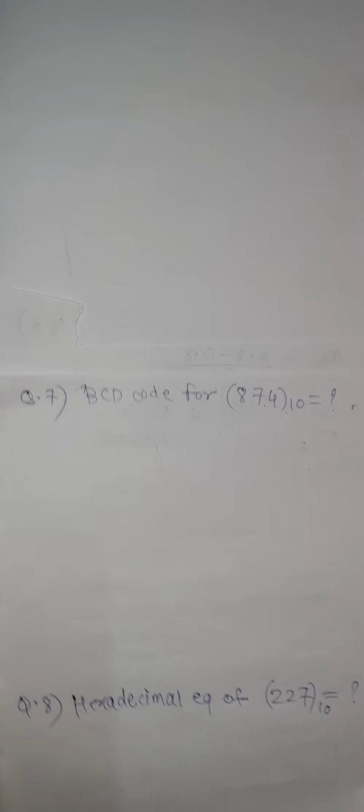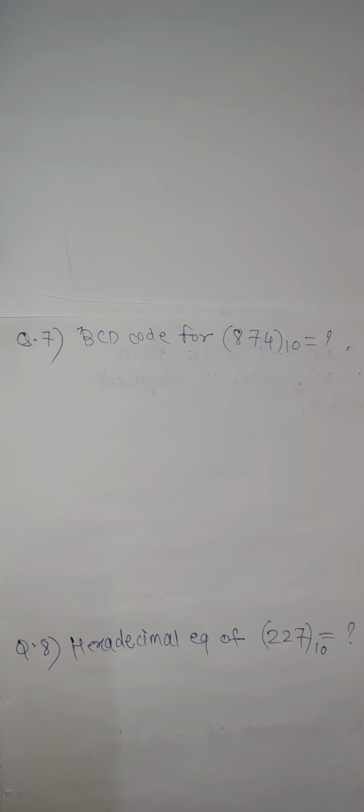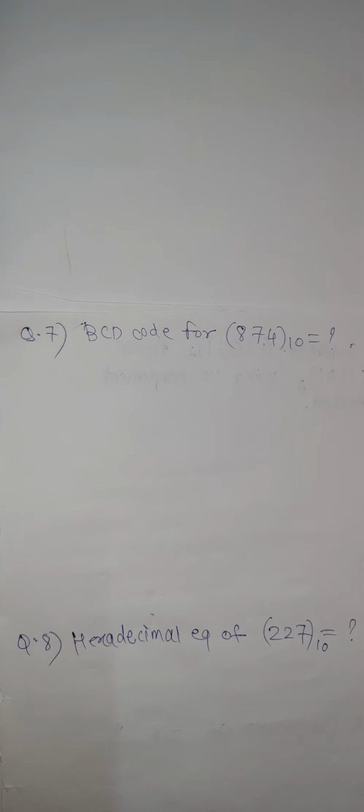Now the next question is, BCD code for 874 is what? Now we know that BCD numbers range from 0 to 9. Only 0 to 9, and for any number that is greater than 9, we will subtract 6 from the number. But here it is not the case because in 874 all the digits are under 9.